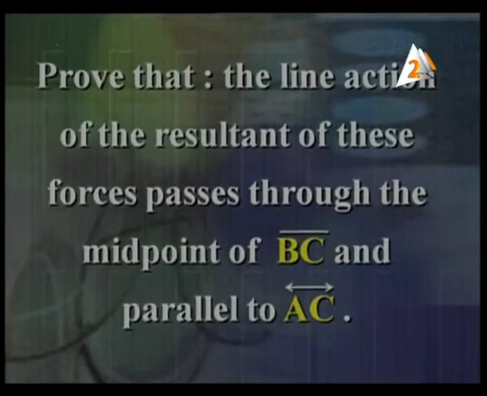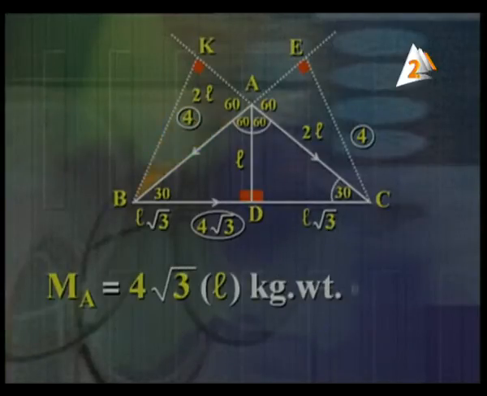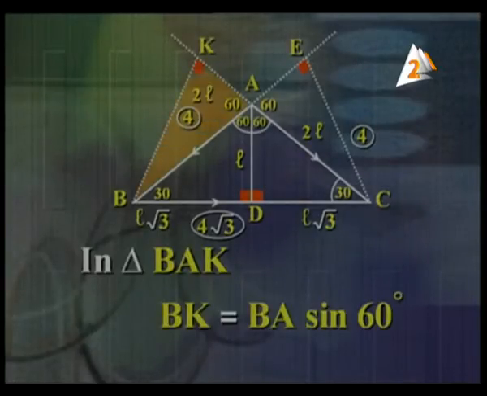let AD equal L and AC equal AB equal 2L. So, the moment about the point A equals 4 root 3 times L kilogram weight. Also, in triangle BAK, BK equals BA sine 60, or equals 2L sine 60, which is equal to L root 3 centimeter.